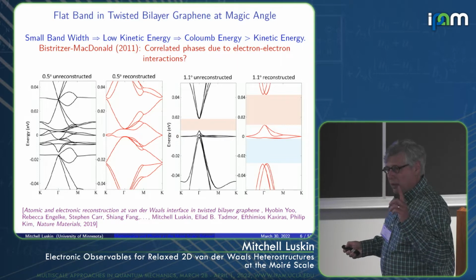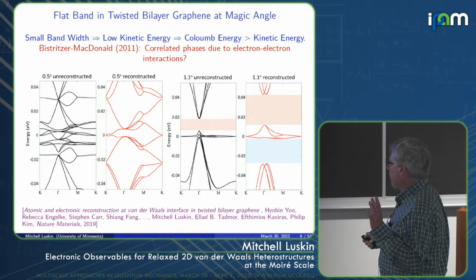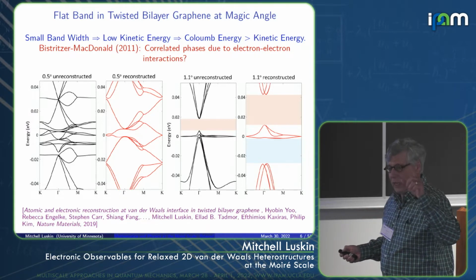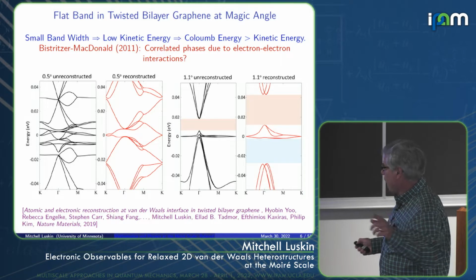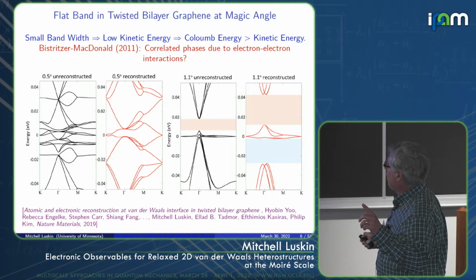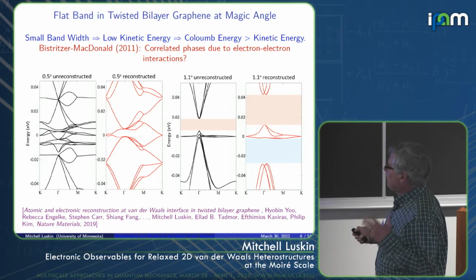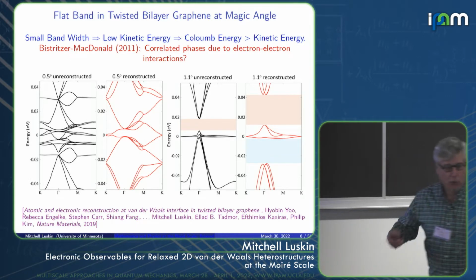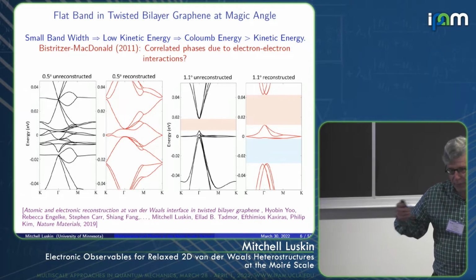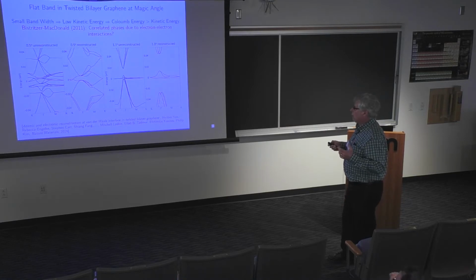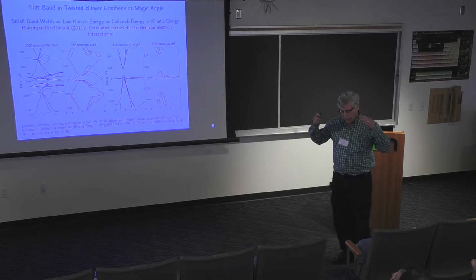If the band structure is flat, then dE/dk, the partial derivative with respect to k for the band, gives you a very low kinetic energy, which means that the Coulomb interactions become important. So correlated effects are really important in modeling the possible phenomena at this magic angle.